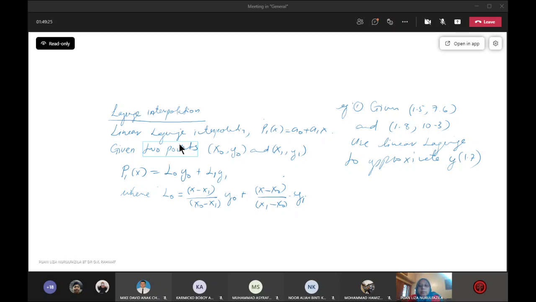Okay, so you have P1(1.7). x minus, now x naught is 1.5, x1 is 1.8, so x minus 1.8 over 1.5 minus 1.8 multiplied by 7.6, plus x minus 1.5 over 1.8 minus 1.5 multiplied by 10.3.